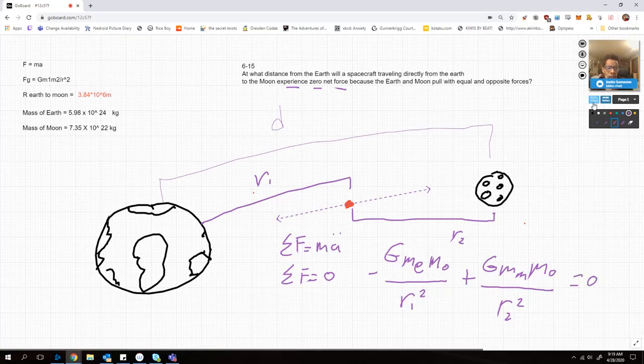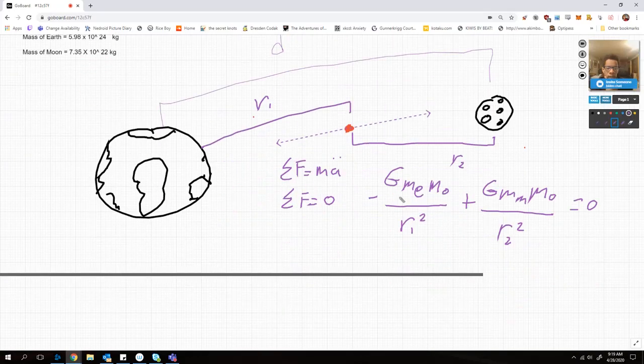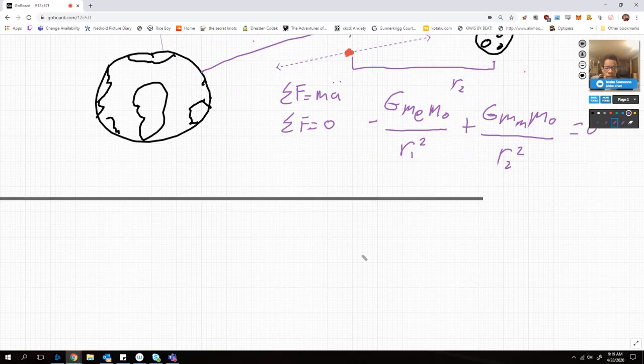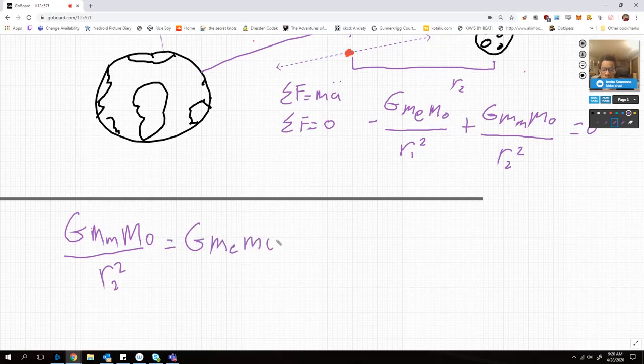Okay, cool. Now the next thing I can do is set these two forces equal to each other. So just move this term over to the right side and I'll get G mass of Moon, mass of object over R2 squared equals G mass of Earth, mass of object over R1 squared.